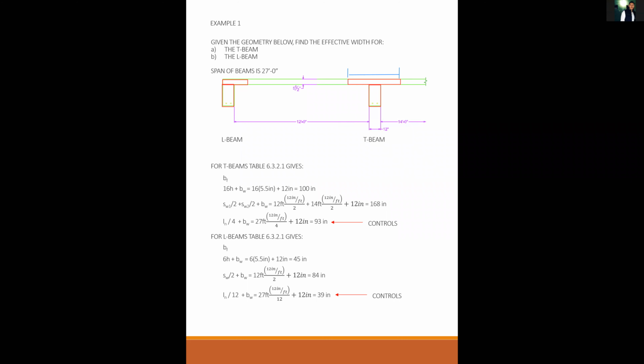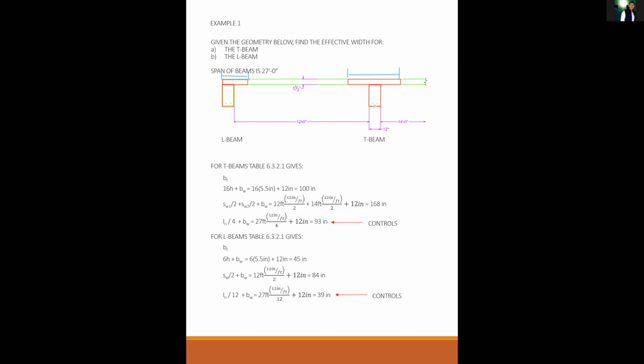Professor, so the 84 is the width of the beam, right? No, that 84 doesn't apply. Okay, so then the 39 would be the width of both of the beams? No, the 39 is the width of this effective flange. That's only for the L beam. Okay.